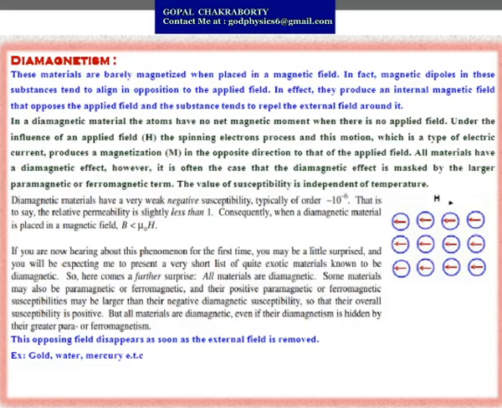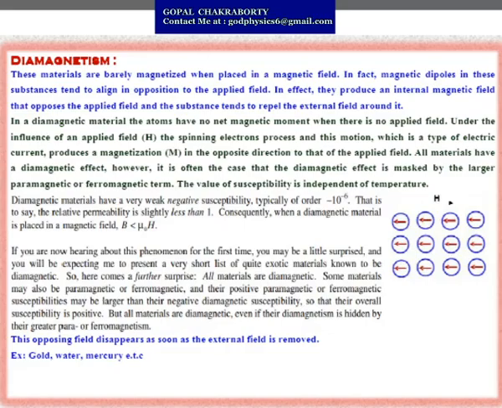Materials may also be paramagnetic or ferromagnetic, and their positive paramagnetic or ferromagnetic susceptibility may be larger than their negative diamagnetic susceptibility.